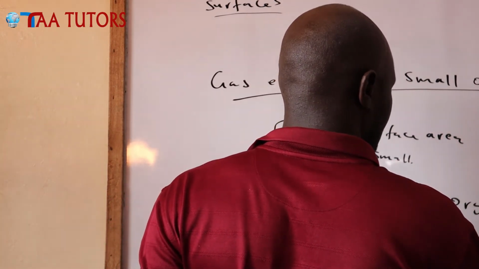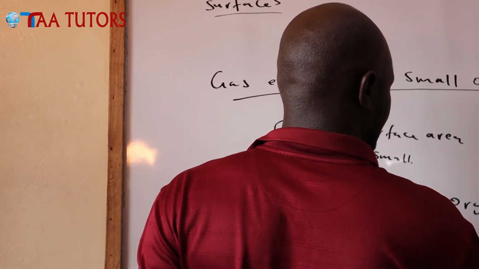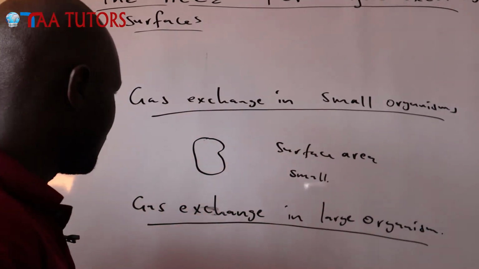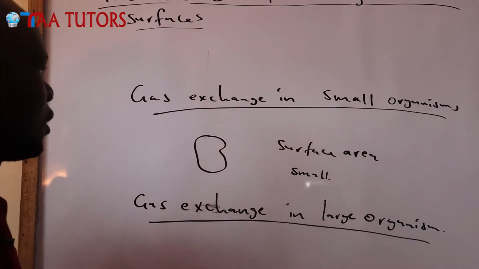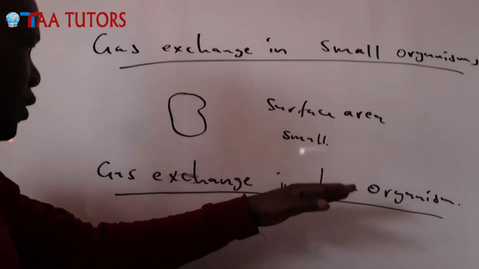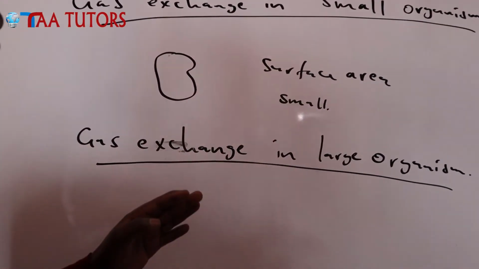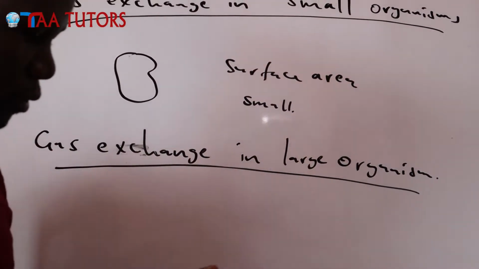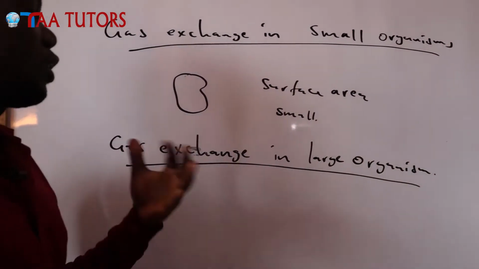Now I want to believe that up to this moment you are able to clearly separate the surface area and the surface area to volume ratio and how it works. Now if I take an example of a large organism in the atmosphere, like a horse, for example, or a human being.